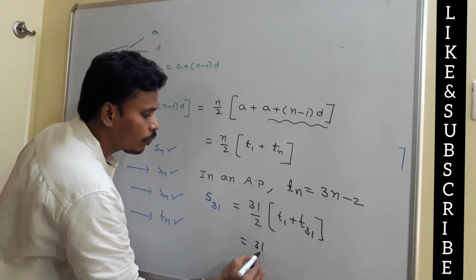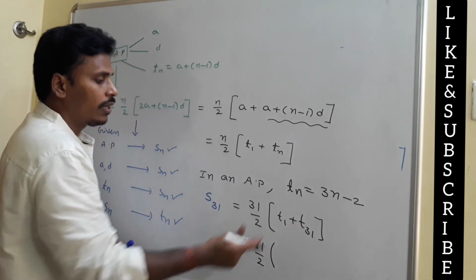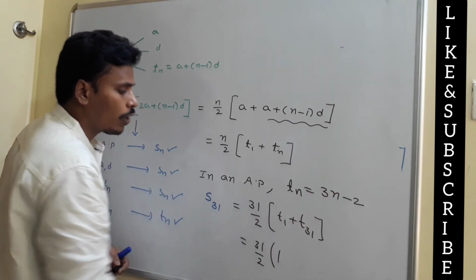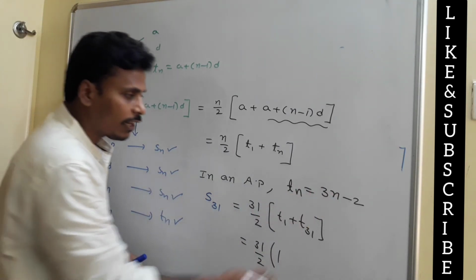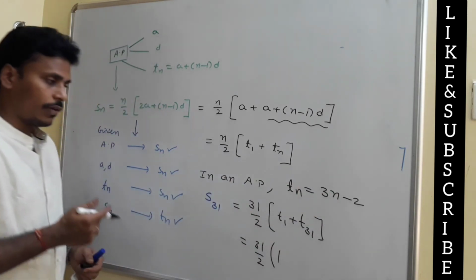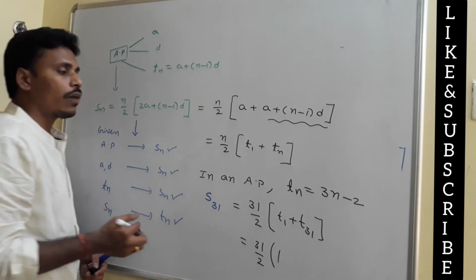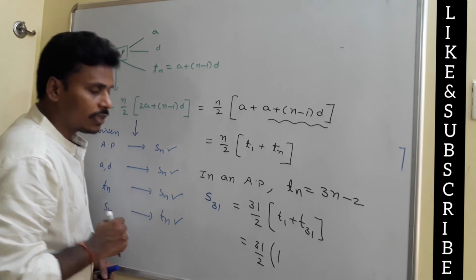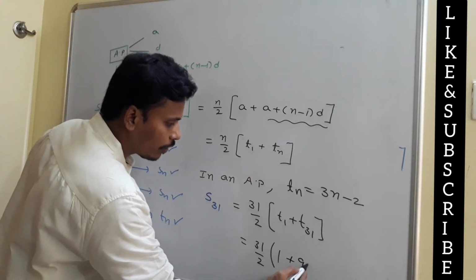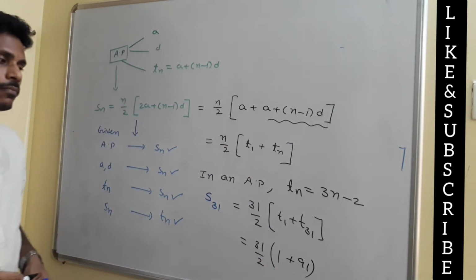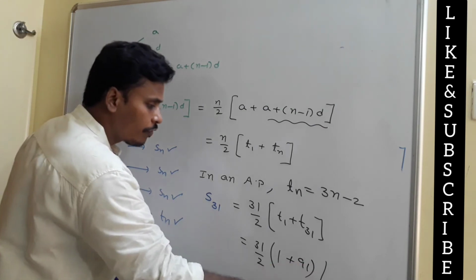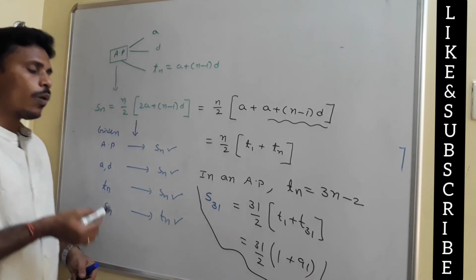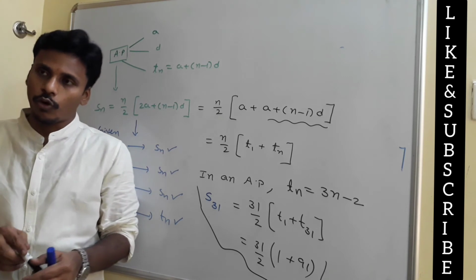And that is equal to 31 by 2 times T1, just replace n with 1, you get 1, and T31, replace n with 31. If you replace n with 31, what will happen? 3 into 31 is 93, minus 2 is 91. Right? And on simplification of this, you will get the sum of 31 terms of such an arithmetic progression.